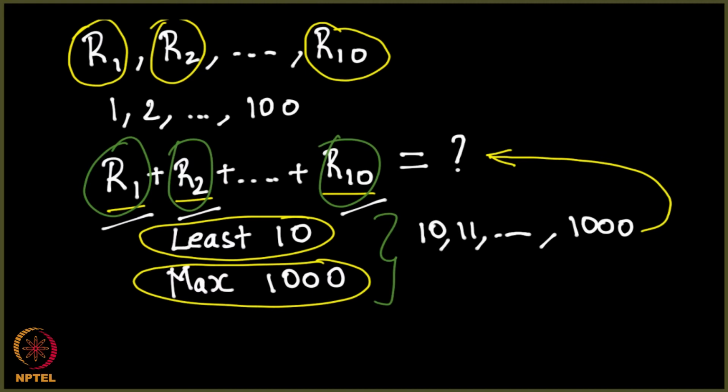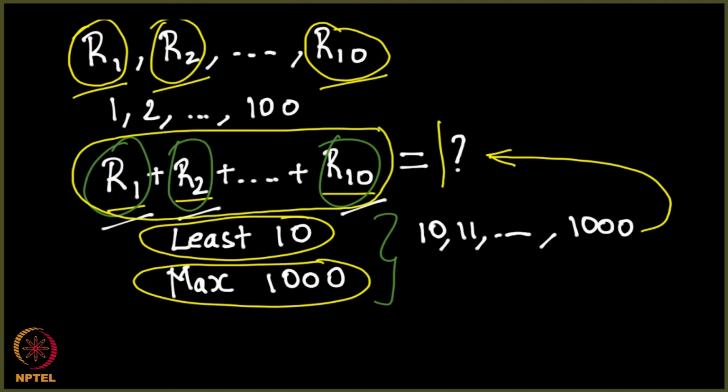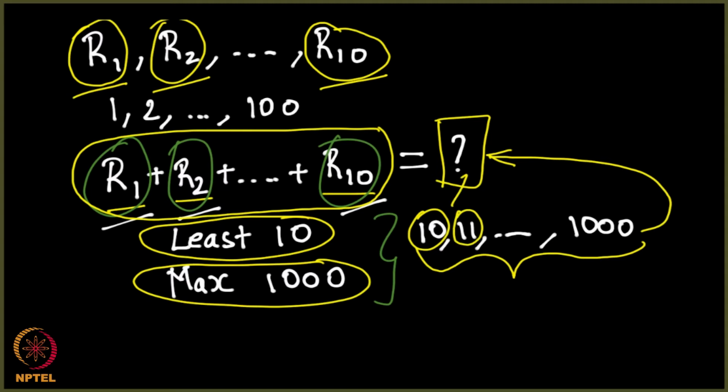Correct? But here's the climax. While whatever numbers you pick can be any number between 1 to 100, when you take these 10 numbers and add them, what you get as an answer is not uniformly at random from these numbers, which means 10 and 11 do not appear uniformly at random here.